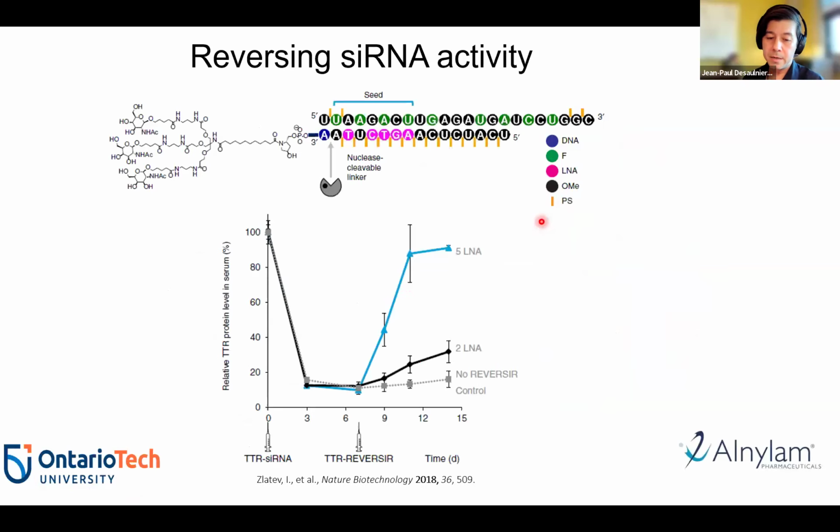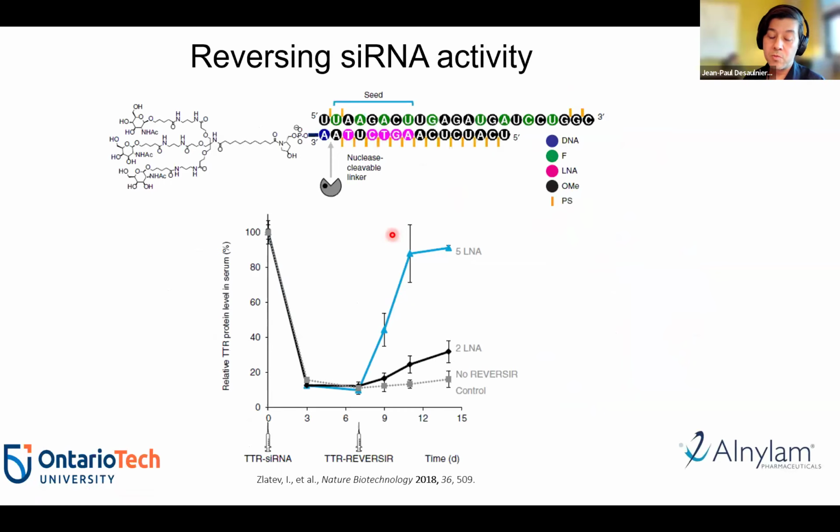I want to highlight an important study from Alnylam in 2018, in which they designed an siRNA that targets TTR protein in mice. They observed that these mice were exhibiting hepatotoxicity, toxicity of the liver, unfortunately, due to toxic or off-target effects of the siRNA.